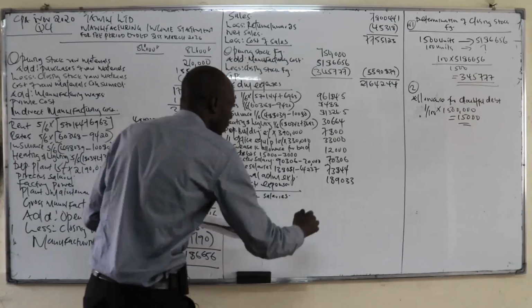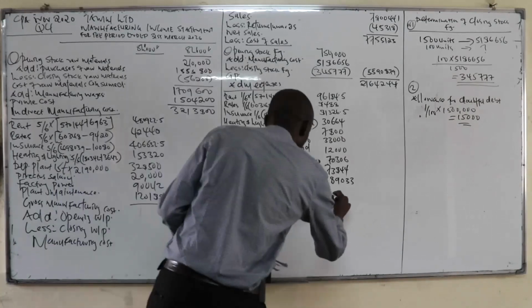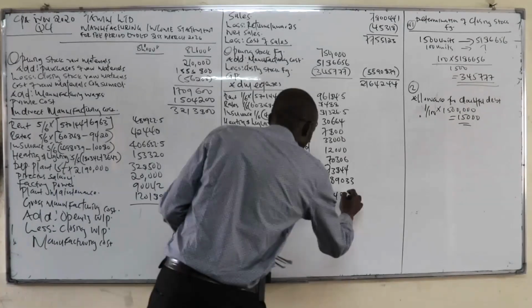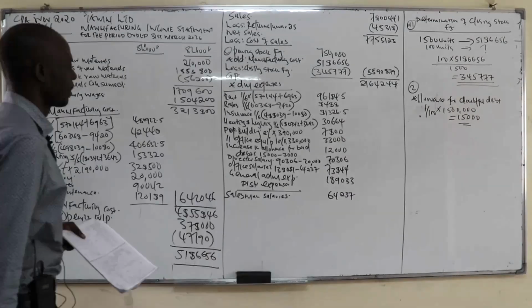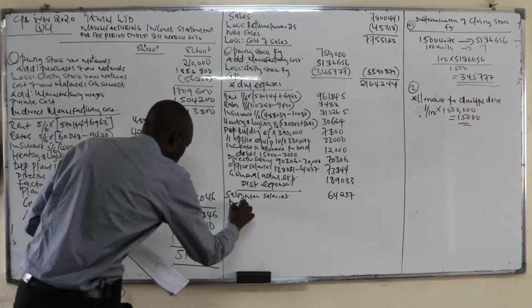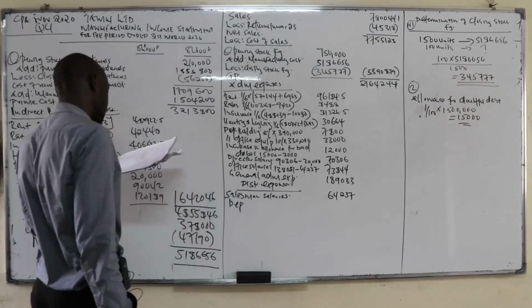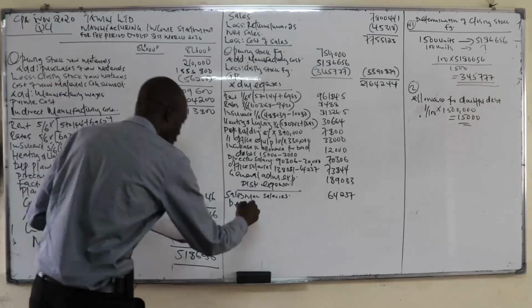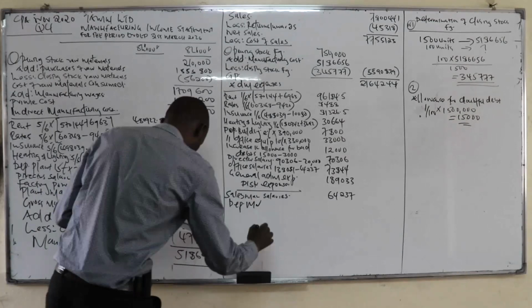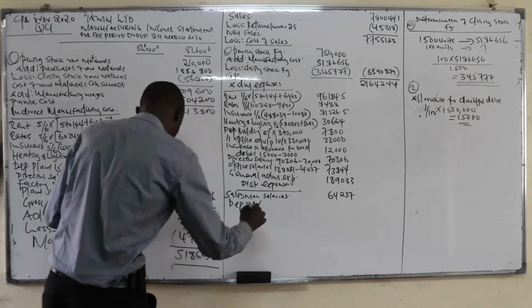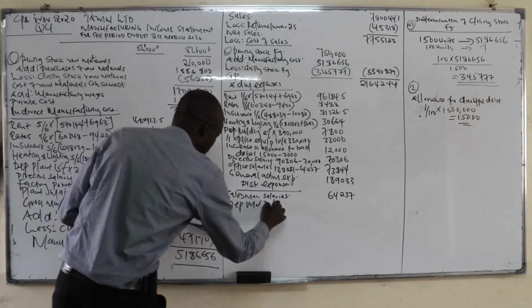How much is it? 64,237, isn't it? And then we have depreciation. Depreciation of what? Motor vehicle, which is 25%.